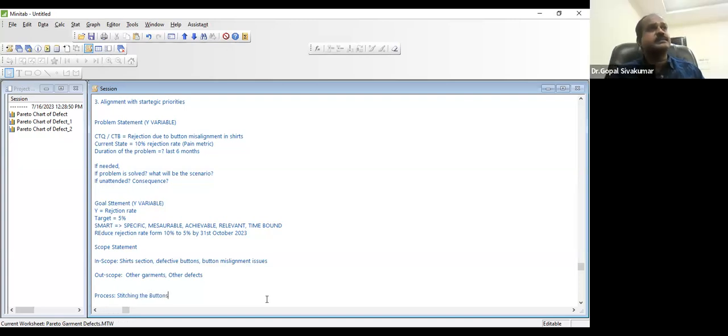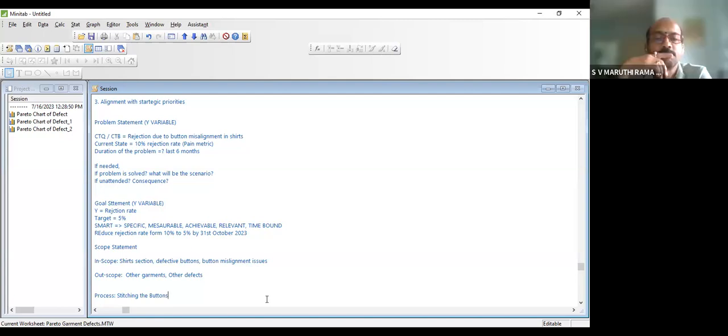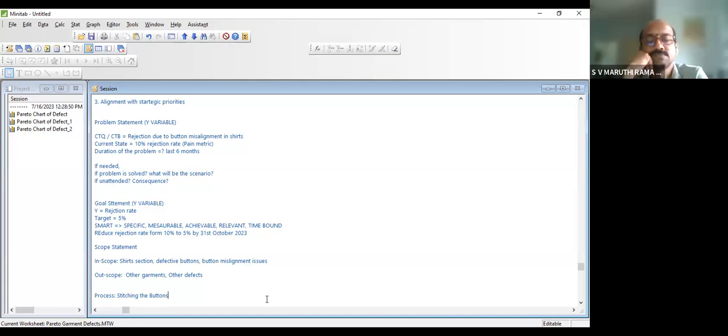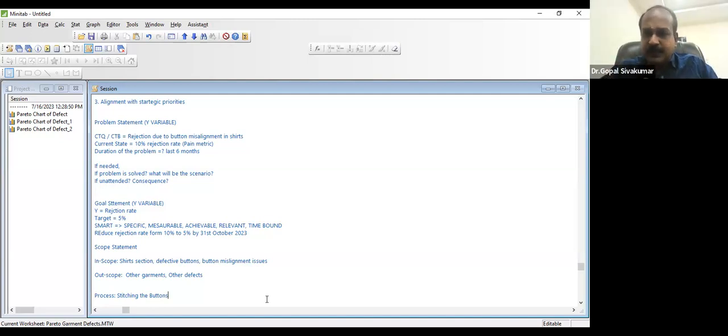Can I write like this? Main process is stitching buttons. Not stitching the garments. Stitching the garment is different. But stitching the buttons is happening in one station, isn't it? That's where the problem is originating.